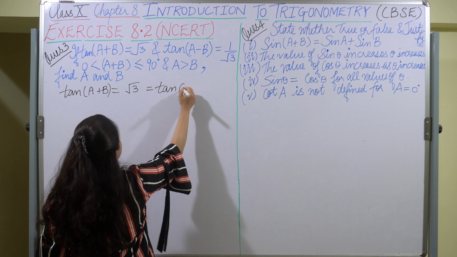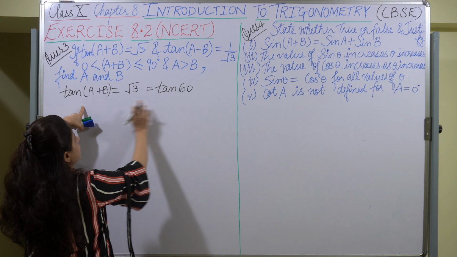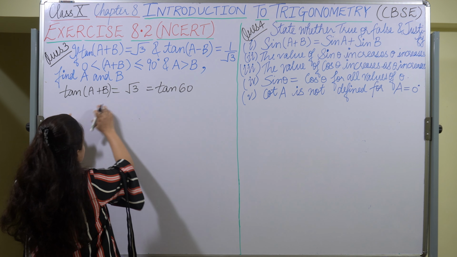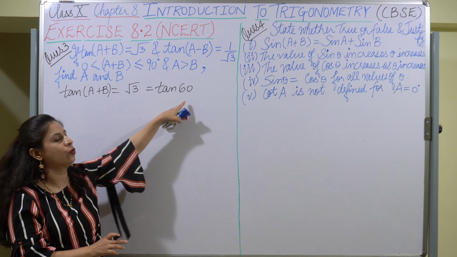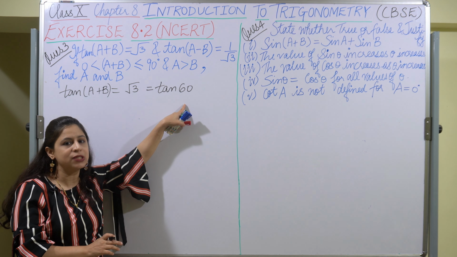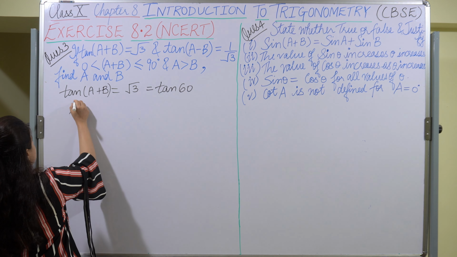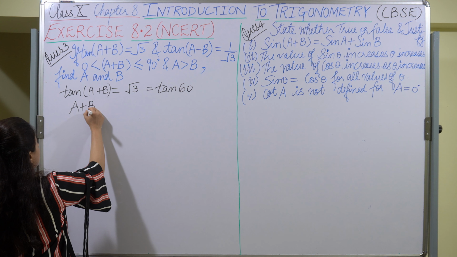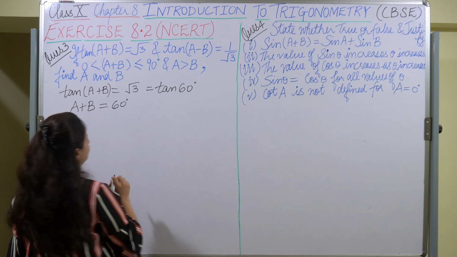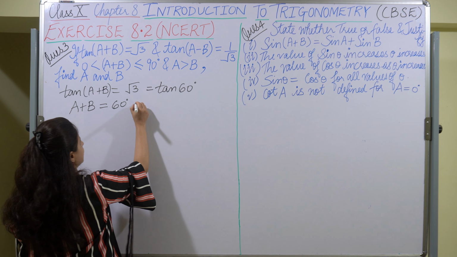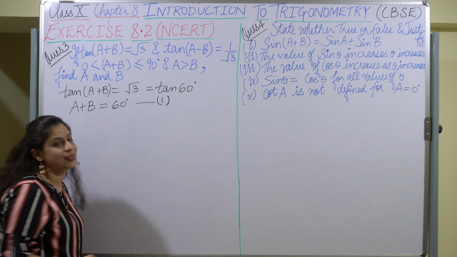So tan(A + B) is equal to tan 60, and if we compare these two, we can easily say that A + B is equal to 60 degrees. Let us mark it as our first equation.